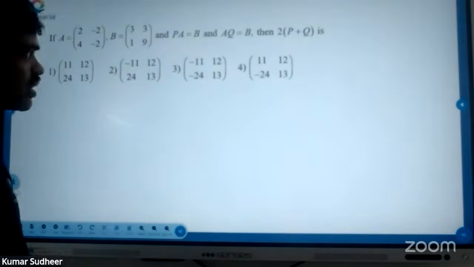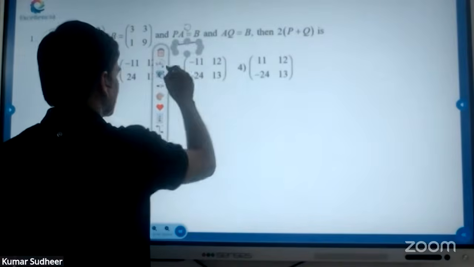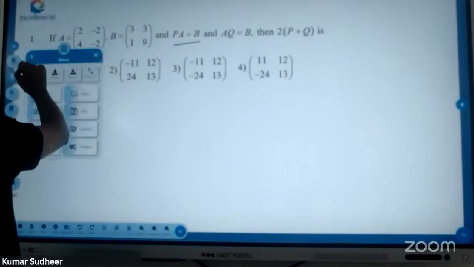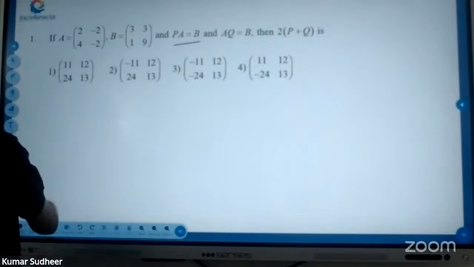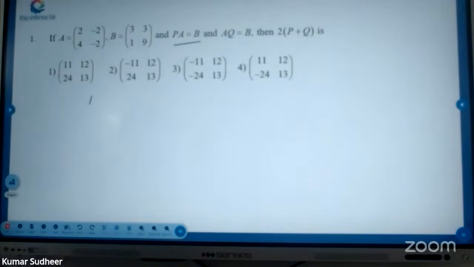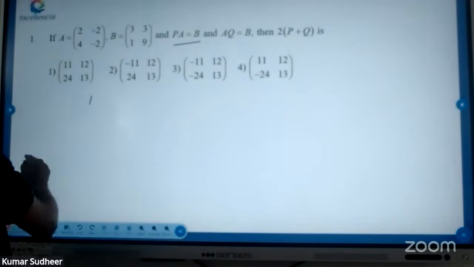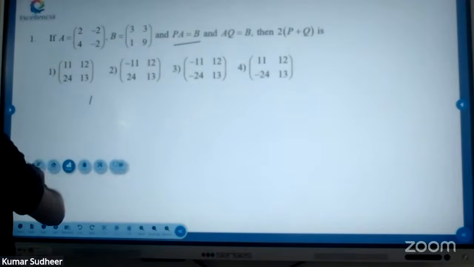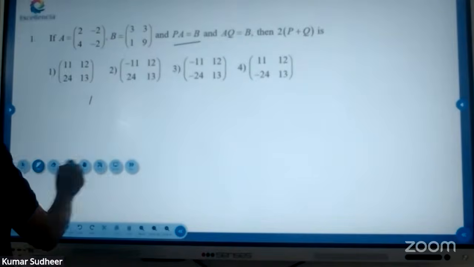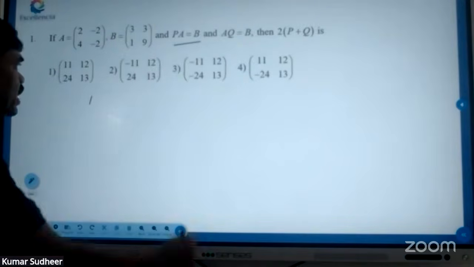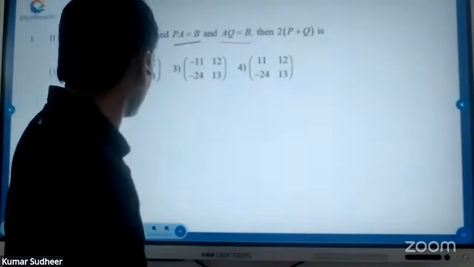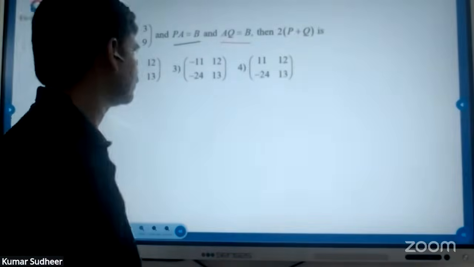Again, a B matrix is given, and it is given that PA equal to B, AQ is equal to B. Then what is 2 times of P plus Q? They have given the matrices A and B. They are asking about P and Q.